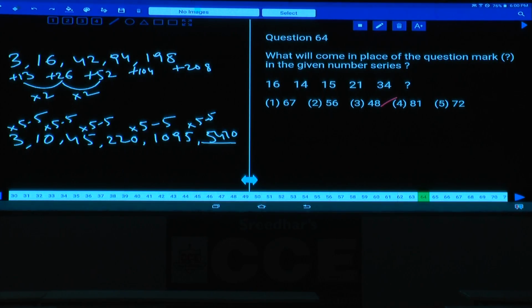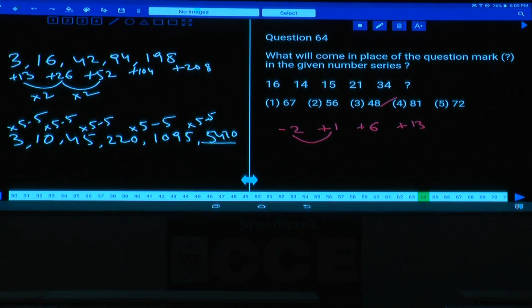63. Then question number 64. Now in this 64, the difference between the numbers. Now 16 and 14, what is the difference here? Minus 2. Next difference is plus 1, and 15 and 21, the difference is 6, and 21 and 34, here the difference is 13, isn't it? Then again, between 2 and 1, what is the difference here?